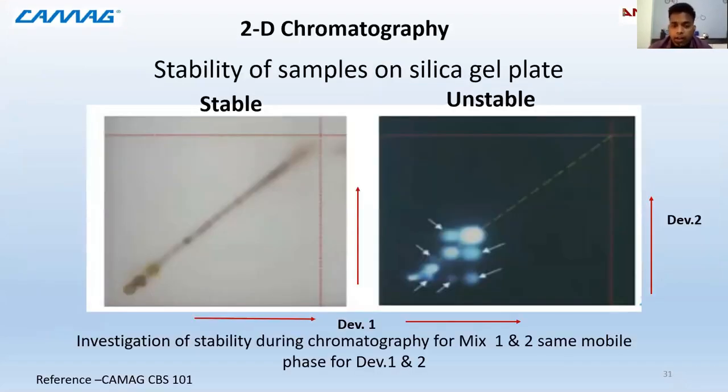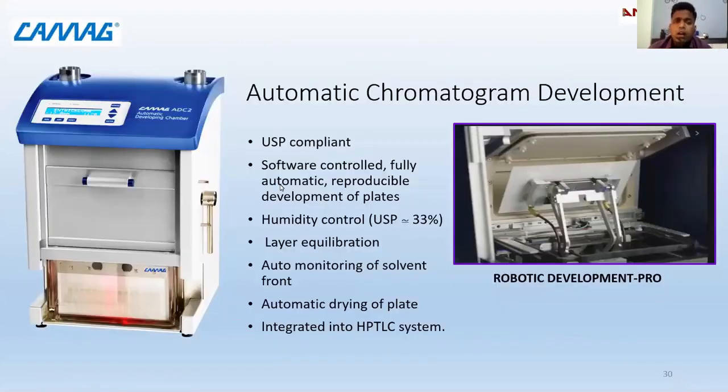There is one jar with this instrument containing magnesium chloride hexahydrate solution, which will provide you 33% relative humidity. Then there is automatic monitoring of the solvent front and automatic drying of the plate. So this is the benefit of this ADC2.